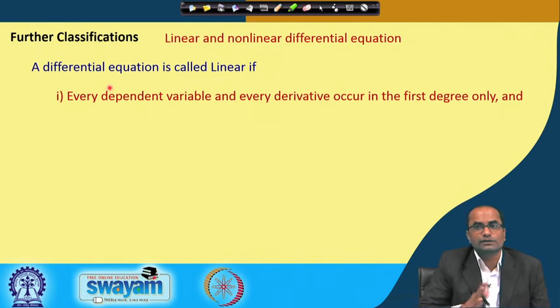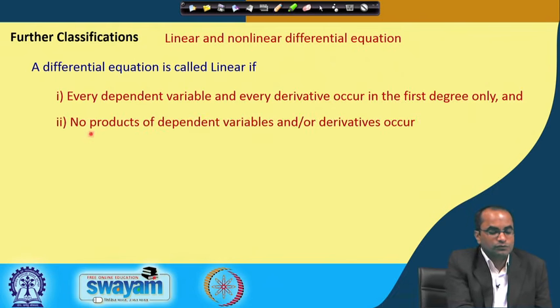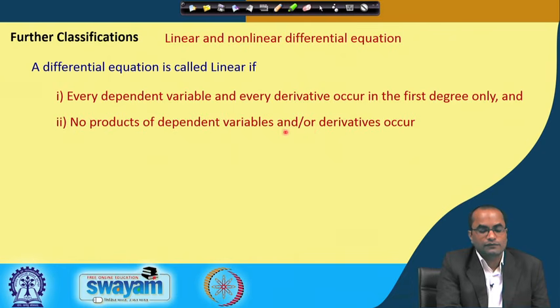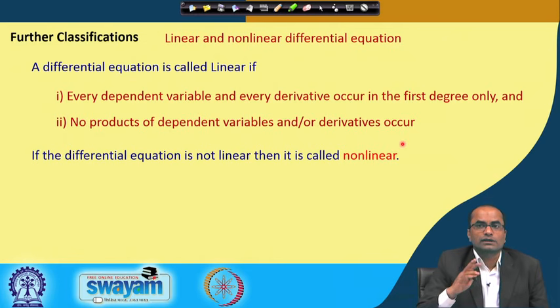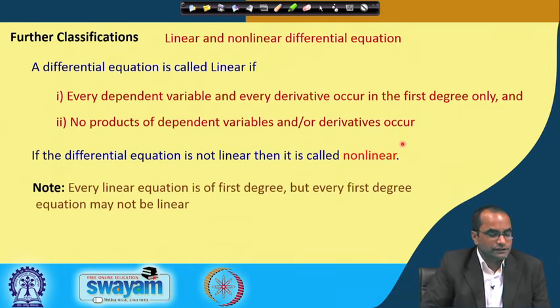If we do not see a product or a power, then we have a linear term, meaning that no product of the dependent variable and/or the derivatives occurs. Then we have a linear equation, and if the differential equation is not linear, then we call it a nonlinear equation. In a nonlinear one, the product of the derivative or the dependent variable with the derivative will exist.